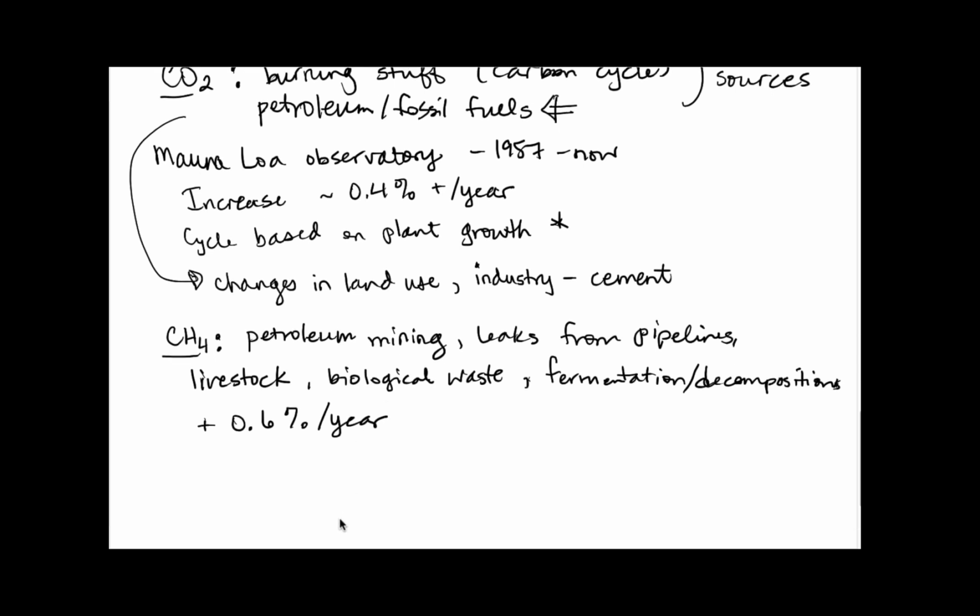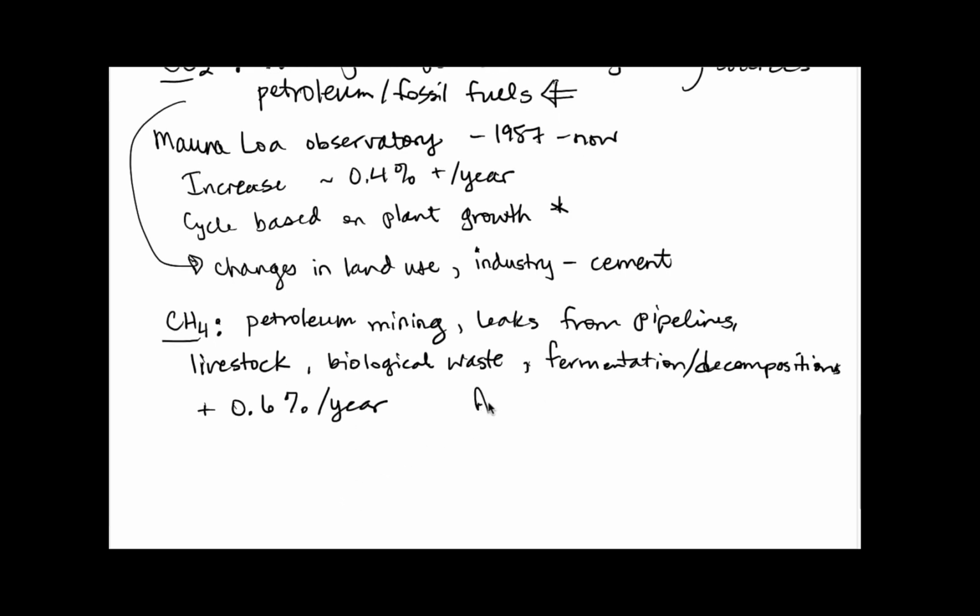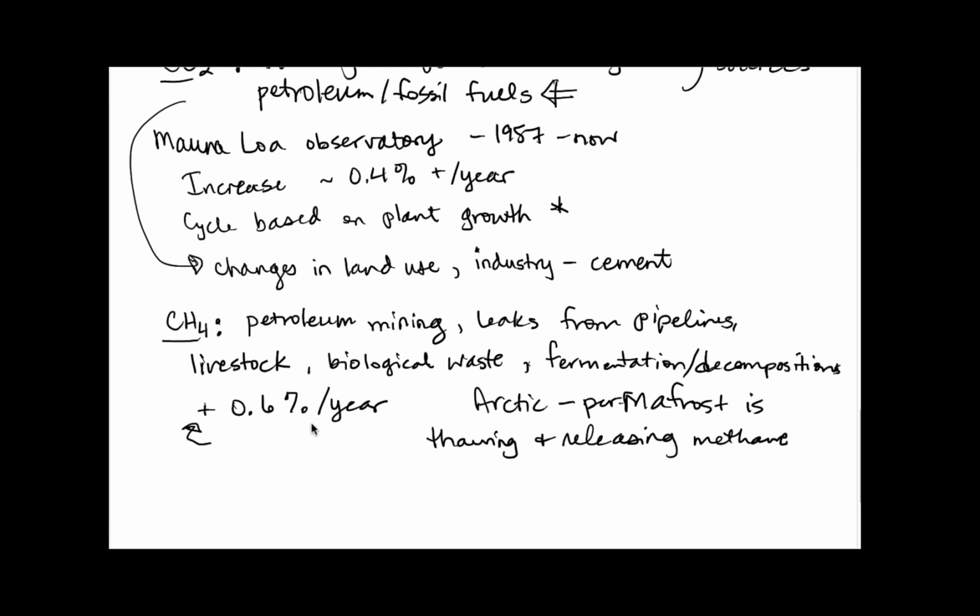And you've also probably heard that it's being released from the Arctic tundra, that the permafrost is no longer permafrosted, that it's thawing and releasing methane. My guess is that this number may be a bit low, because the leaks from the pipelines are not well monitored, so it's going to be hard to get a good estimate of the amount of methane entering the atmosphere.